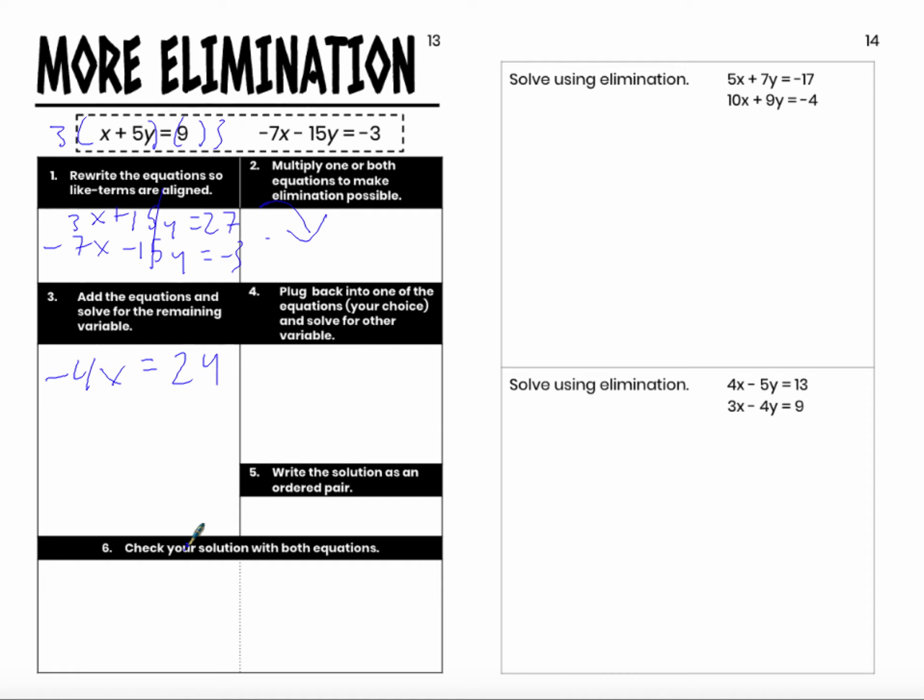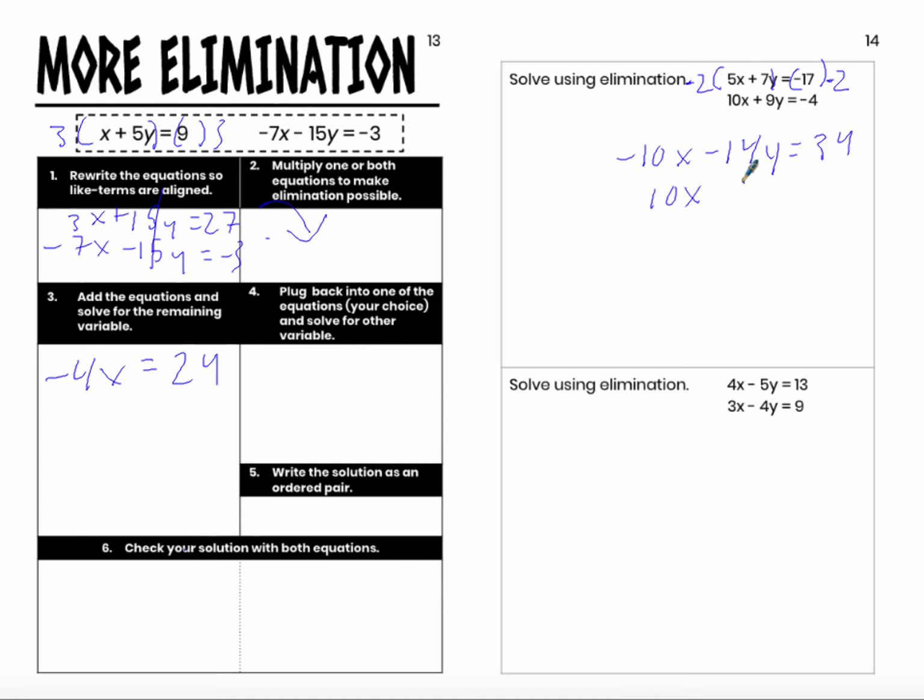Checking my solution. In this case, we really don't want to just multiply by 2 and then subtract. Subtraction is really not highly recommended because you often make a mistake and forget to subtract each term. I would suggest that you always multiply by even just negative 1 rather than subtracting, or in this case by negative 2, so that you can just go ahead and add the two equations together.